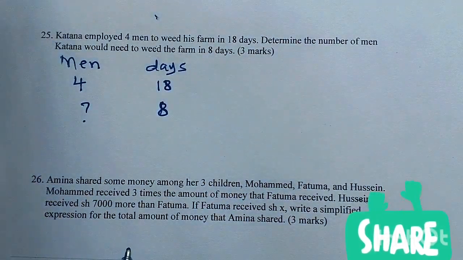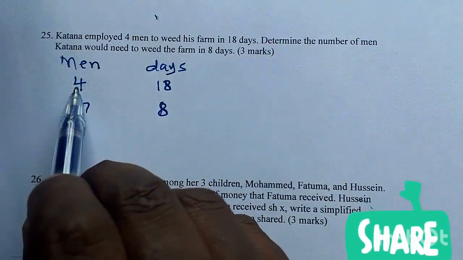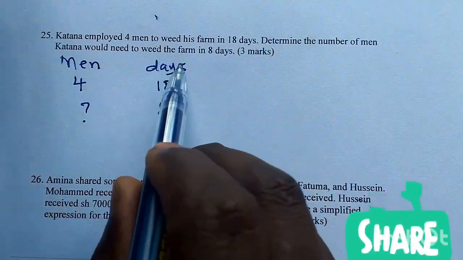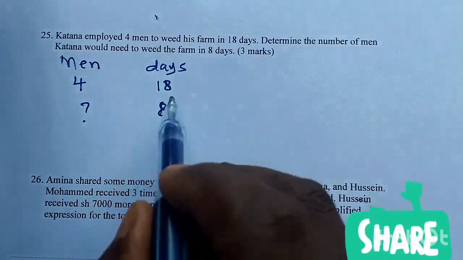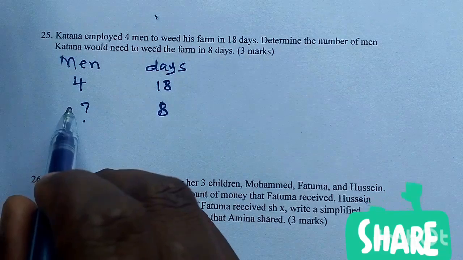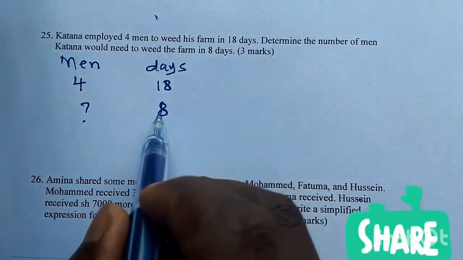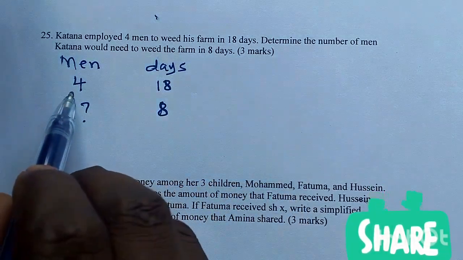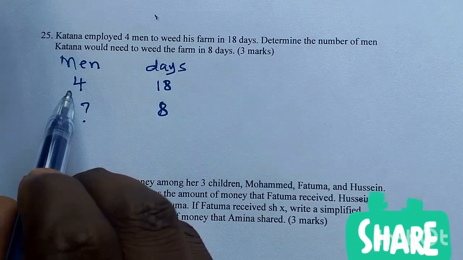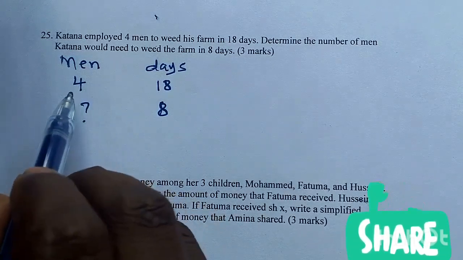So you ask yourself, if 4 men can weed the farm in 18 days, will 80 days need more men or less men? So for the work to be done in 80 days, then the number of men must be larger, must be high.